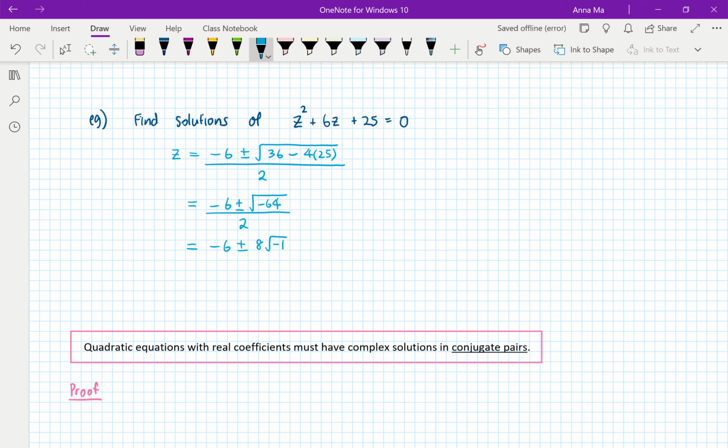We would still have the -1, but let me just write that as i on that step. And then I can simplify the solution as -3 plus minus 4i. So you can just directly plug it into the quadratic formula and just replace the root -1 as i.